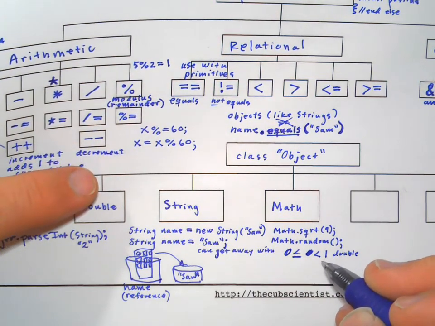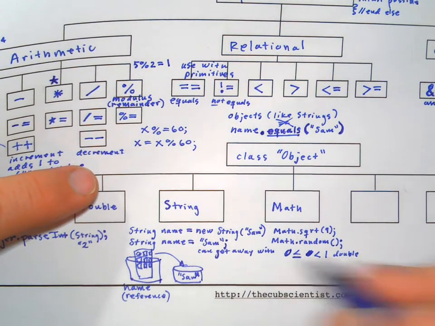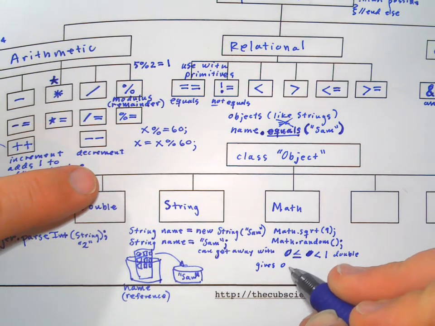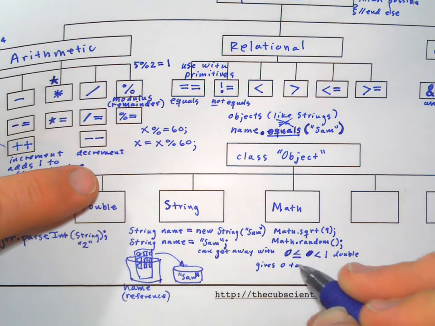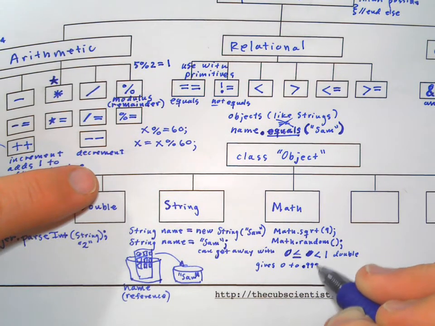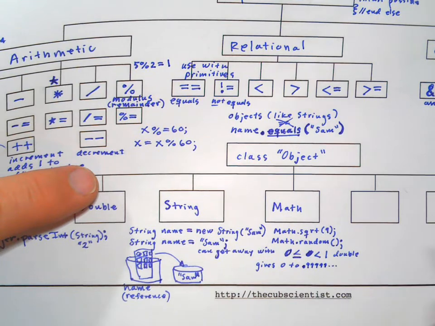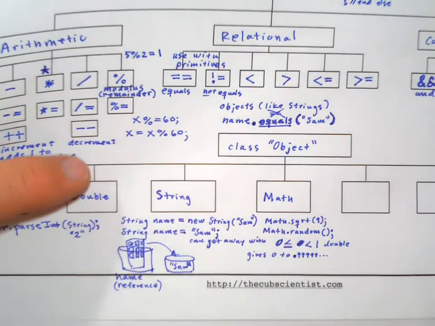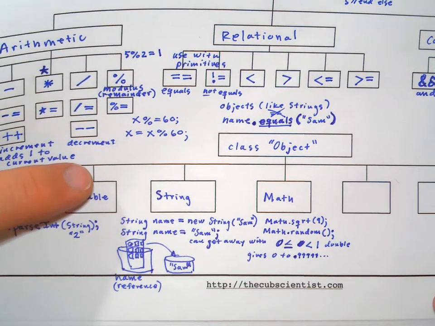So it's giving you 0 up to 0.99999, like that. With that in mind, we can do things to it to manipulate it to give us other values.